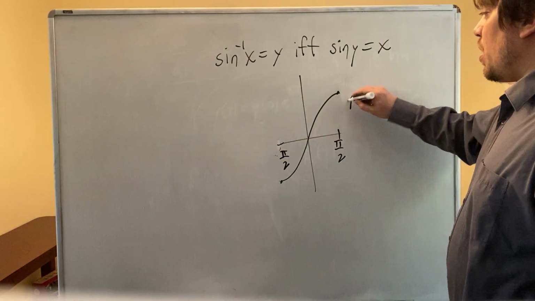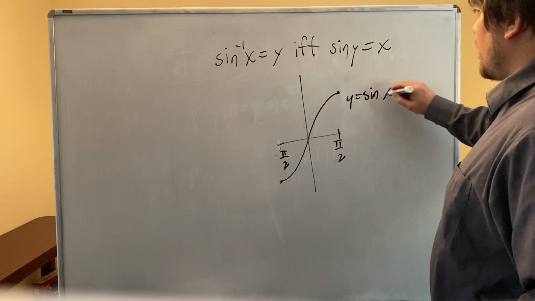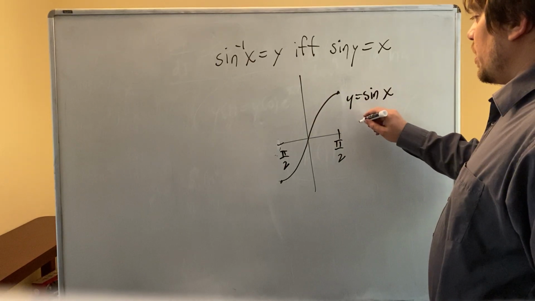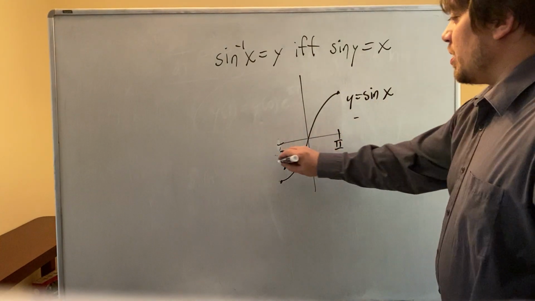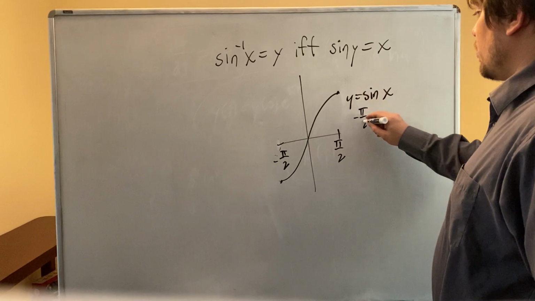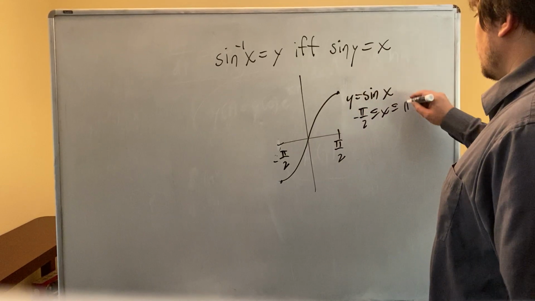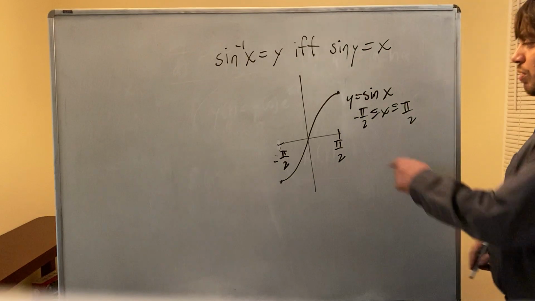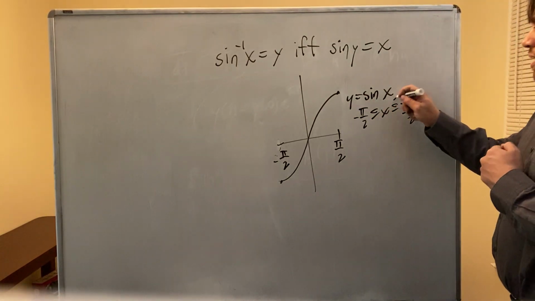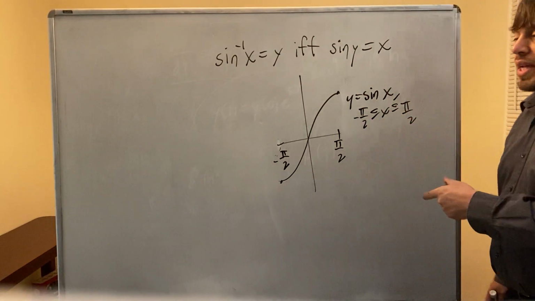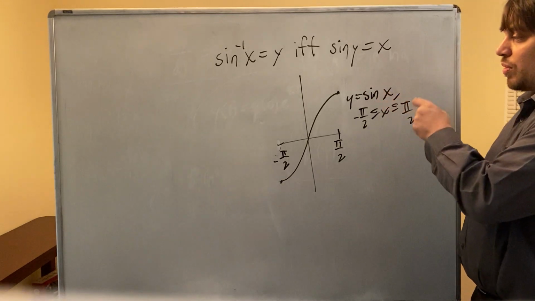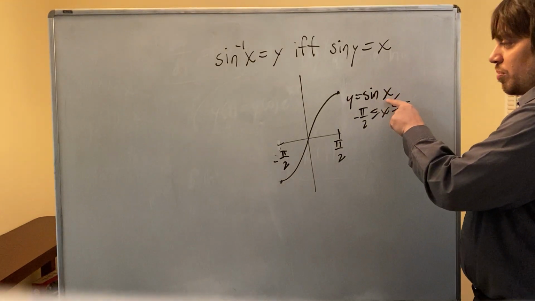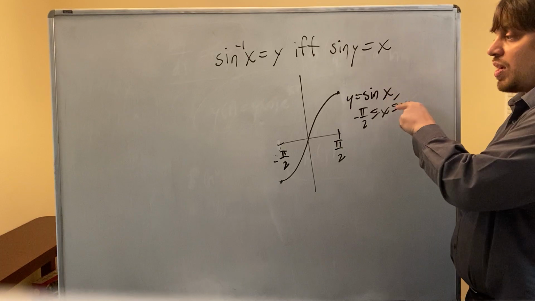So now y equals sine x, where negative pi over 2 is less than or equal to x less than or equal to pi over 2. This is important because it restricts the domain. If we don't write the restricted domain, then a function takes on what's called its natural domain, which means you could technically plug in any real number into sine.